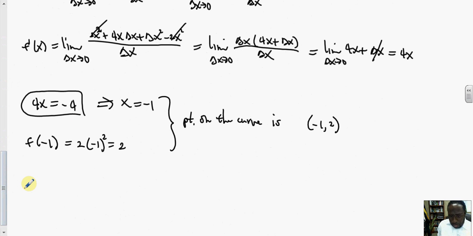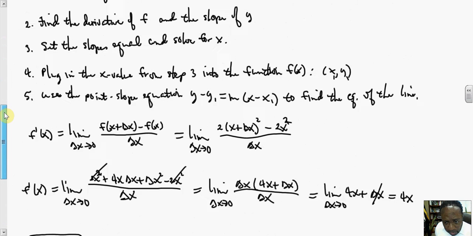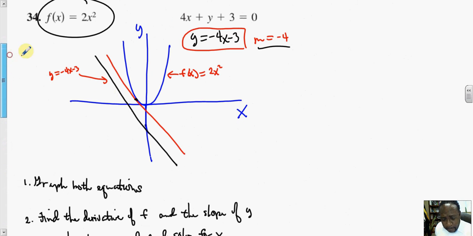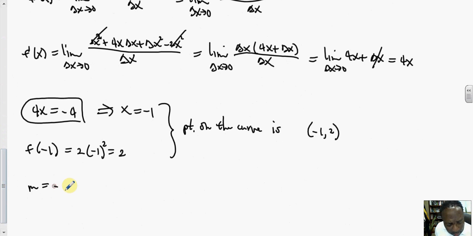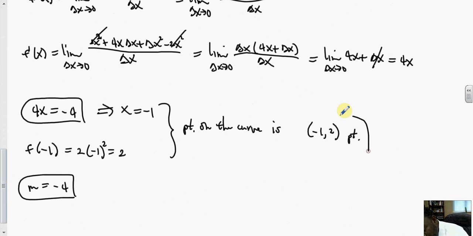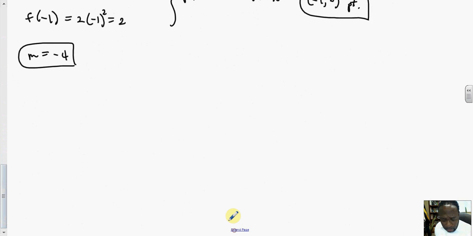So two things we have: the point and the slope. The slope is equal to -4. Parallel lines have the same slope, so the slope is equal to -4. I have the point and the slope, so we use the point slope form to solve for the equation of the line.